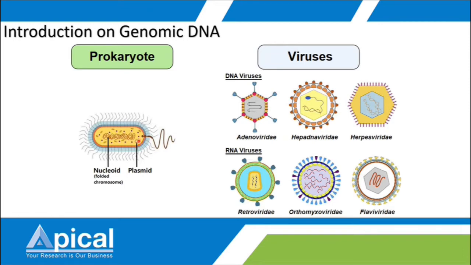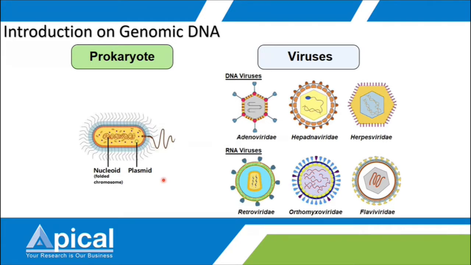Plasmids carry genes that are not essential for normal growth, but mostly help in antibiotic resistance in the bacteria. Plasmids can spread in the bacterial colony through plasmid exchange.